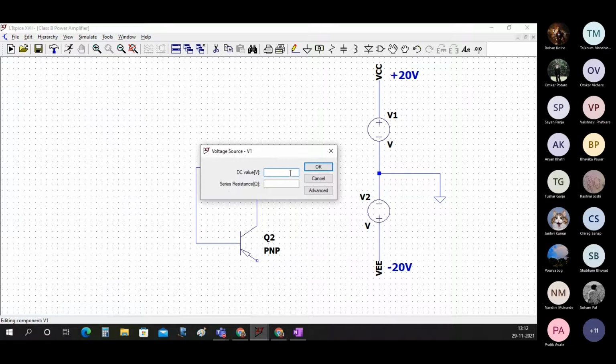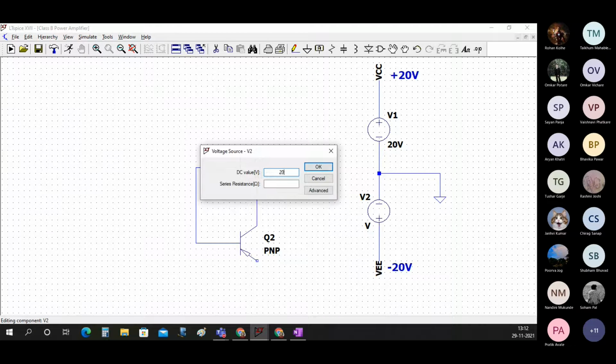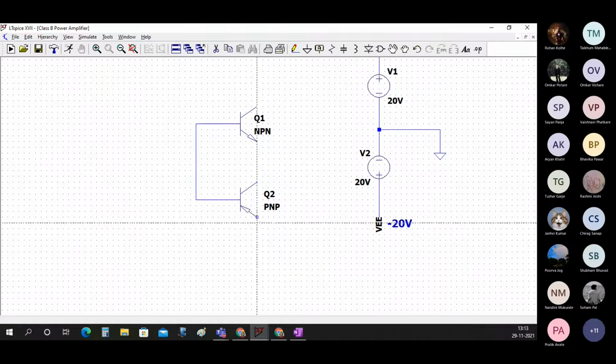So we will value this as 20 volts, and here we will write it as also 20. So both value-wise are 20, but you can see they are connected the other way around. Now you have created a plus 20 volts and a minus 20 volts. So now how to give them? I will connect it here like this.